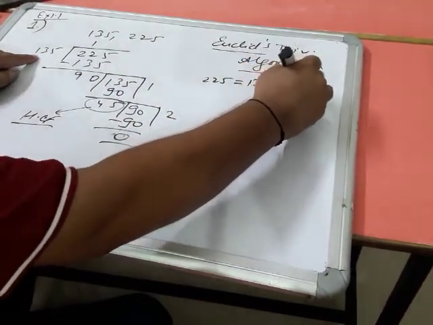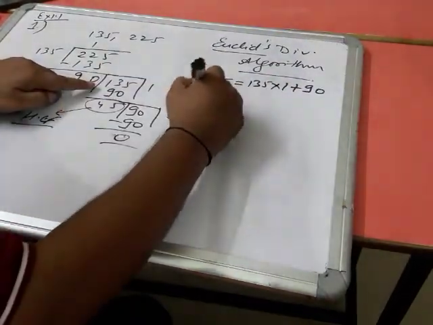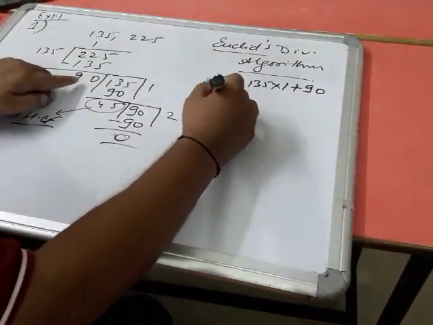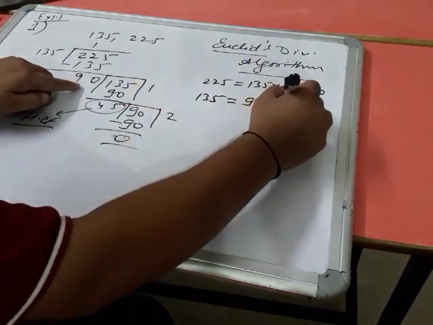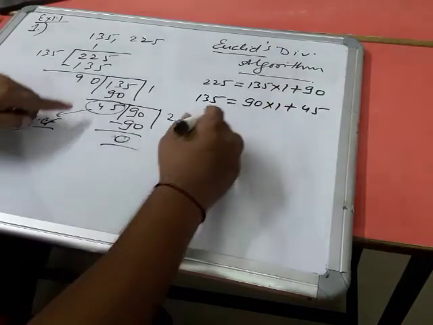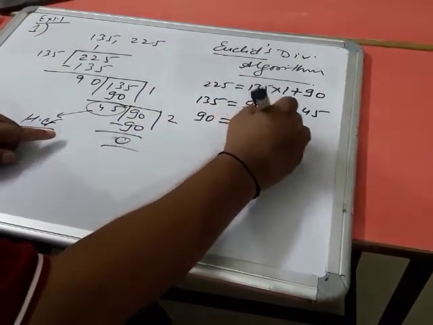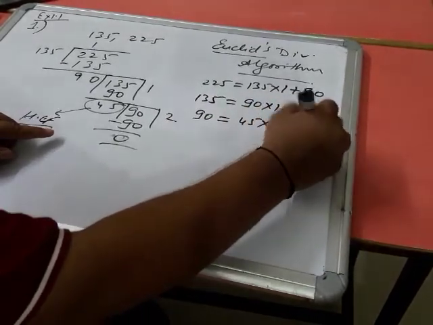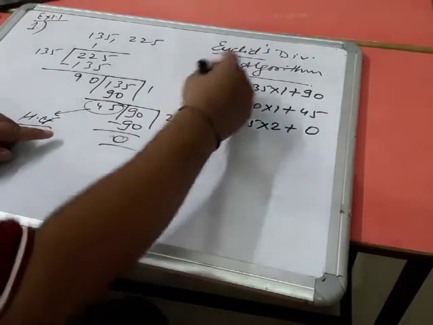The quotient is 1 and the remainder is 90. In the second step, the dividend is 135, the divisor is 90, the quotient is 1 and the remainder is 45. In the last step, the dividend is 90, the divisor is 45, the quotient is 2 and the remainder is 0.